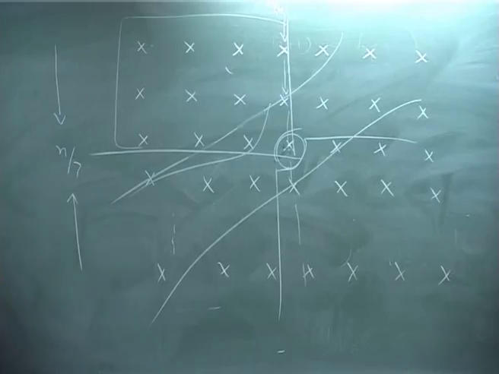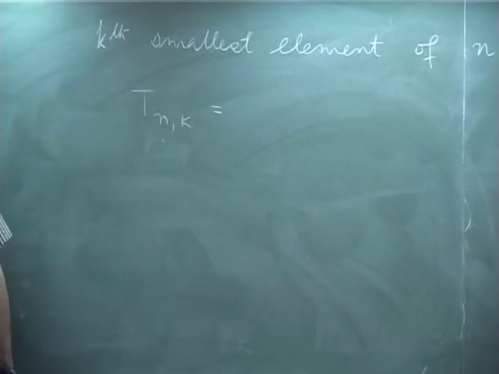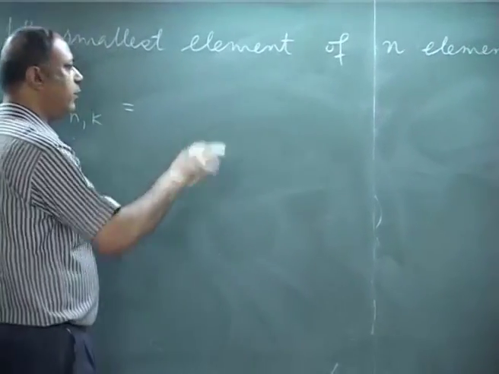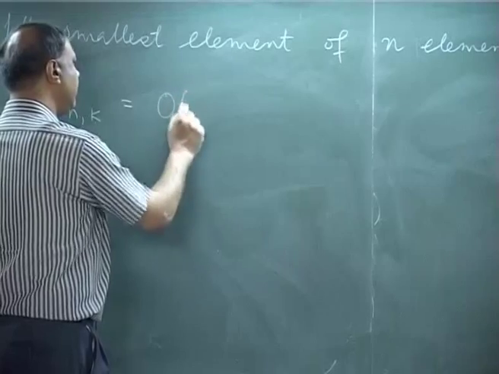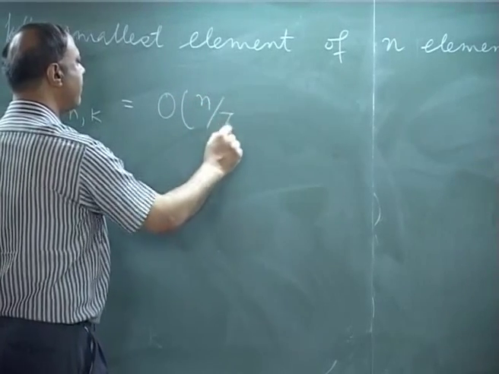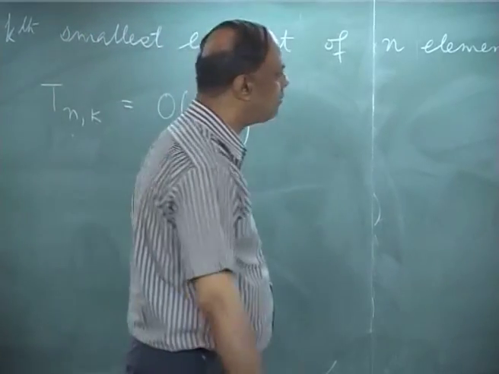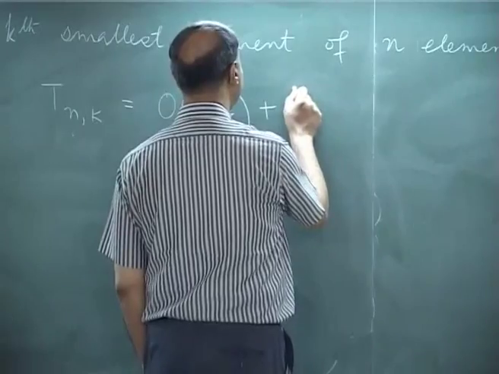Now, in order to find the complexity, suppose T(n, k) is the time complexity to find the kth element from the n elements. First you will be sorting each group. There are n by 7 groups, so that needs order n by 7, and after that you will be finding the median of medians.